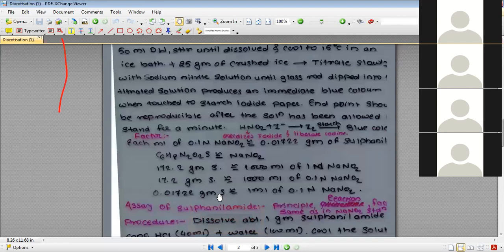All the sulfa drugs, for example sulfanilamide, can be analyzed by diazotization titration. This will be the second application of diazotization titration: drug substances such as dapsone, benzocaine, primaquine, procainamide, procaine, or drug substances containing a sulfur group. Sulfanilamide, for example, can be analyzed quantitatively by diazotization titration.